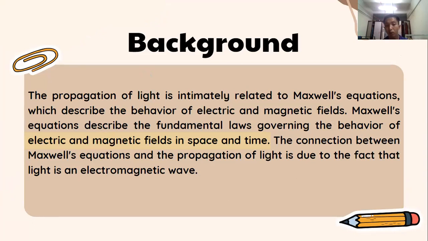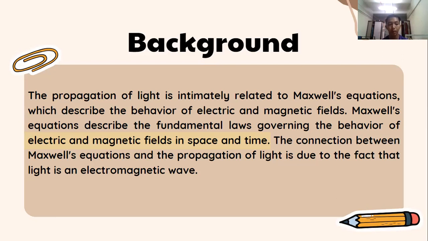So the propagation of light is intimately related to Maxwell's equation, which describes the behavior of electric and magnetic field. Also, what Maxwell's equation explains are the fundamental laws governing the behavior of electric and magnetic field in space and also time.